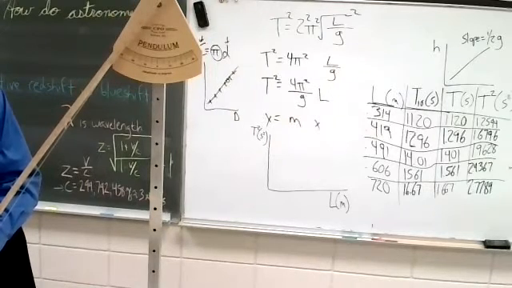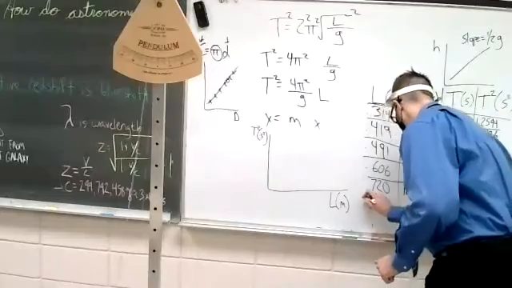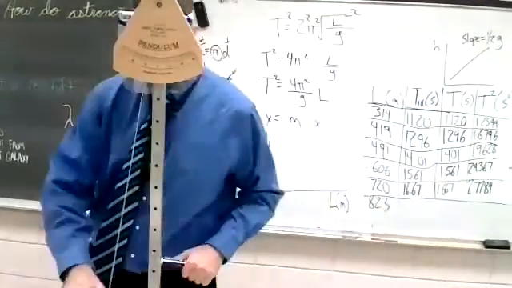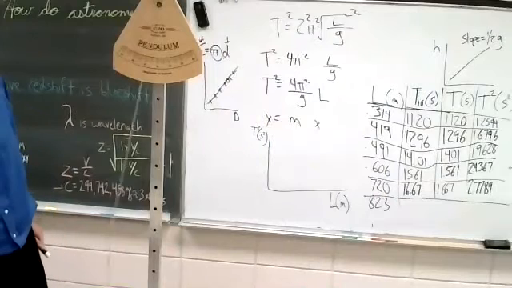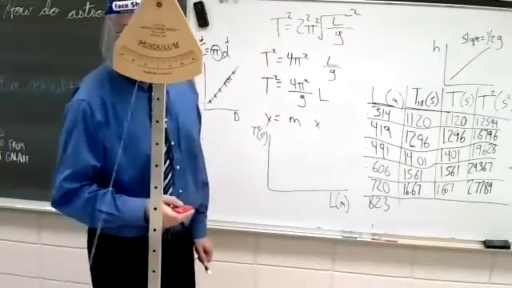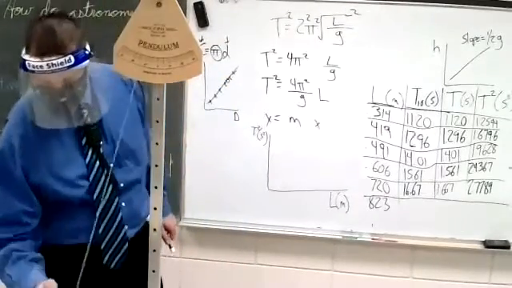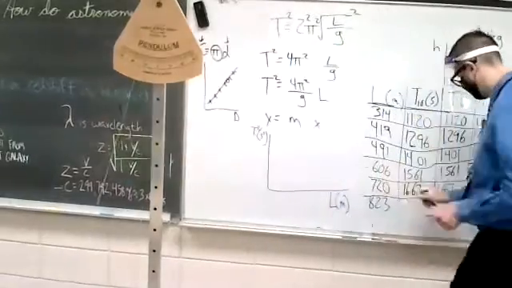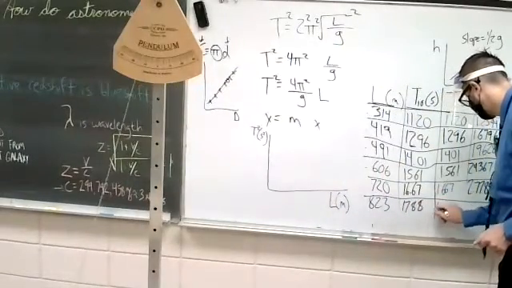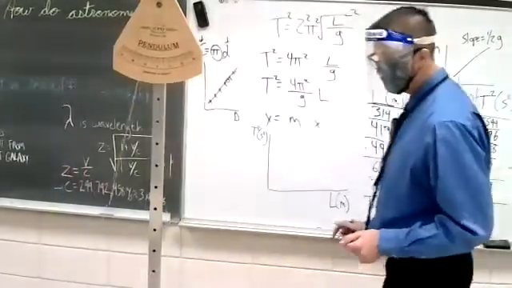We got ourselves 0.823 meters of string length that is oscillating. 17.88, so 1.788 squared is 3.1969.